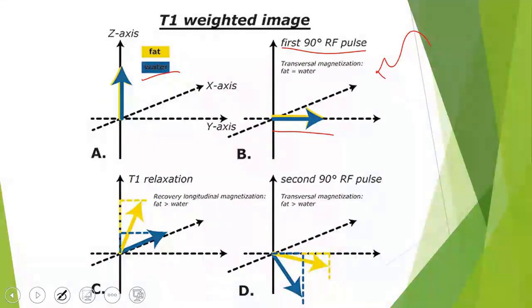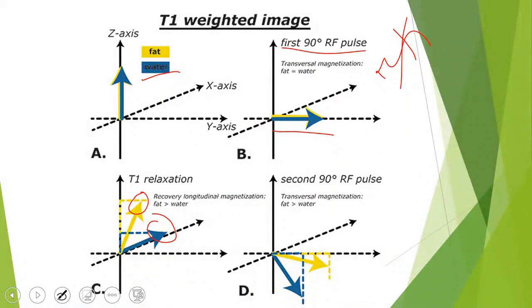When I start to remove the RF pulse, relaxation begins and they return. I need to know which one will return faster. The fat returns faster than the water. Now, if I stop and measure the signal, which one will be brighter?